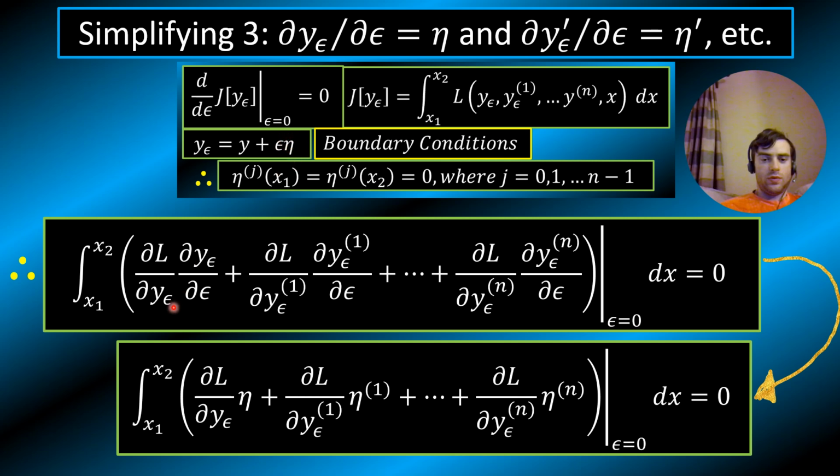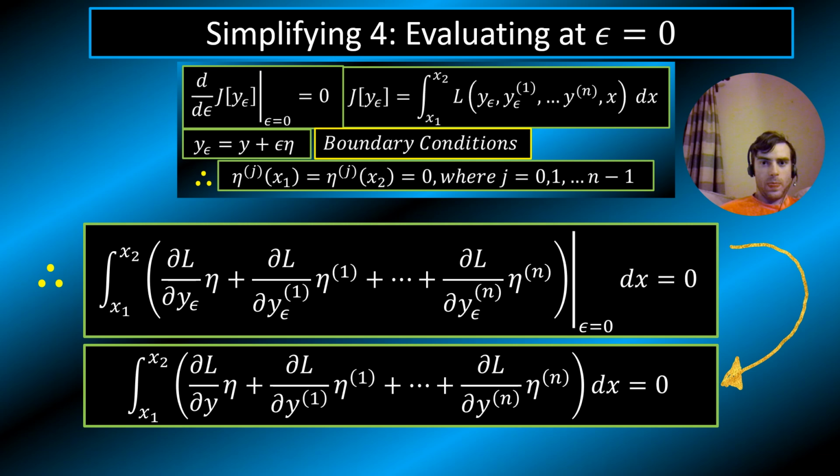So we turn these terms into etas, eta primes, and nth derivatives of etas with respect to x. So now if we evaluate at epsilon is 0, then we can distribute this evaluation to each and every quantity of partial derivatives in the terms.